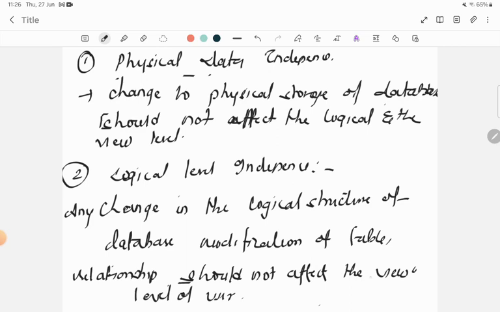None of this should affect the view of the user. For example, if I am accessing a student information system and there is a change at the table level or the relationship level, as a user I should never know that any changes are happening. This is called data independence.